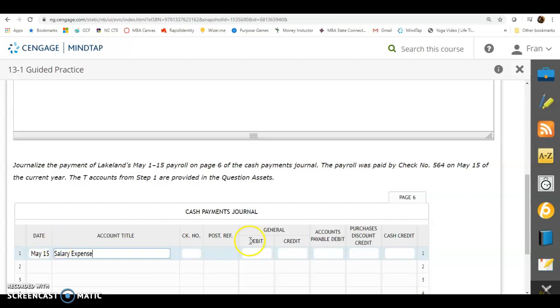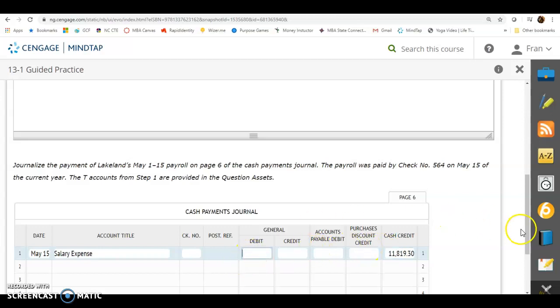Okay. So we're looking at the amount of the check because we're going to do cash credit here. And remember, the amount of the check was their earnings minus all the deductions. So that's $11,819.30. Okay, that's what we actually cut the check for.